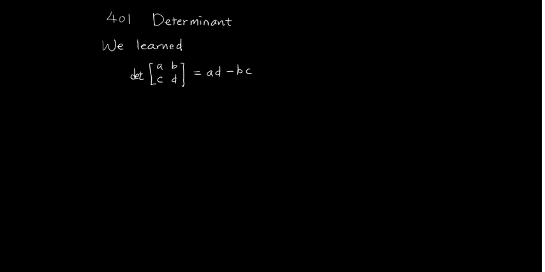And then there is a bit more complicated case, but you also know what it is, which is a 3 by 3 matrix. It is the sum of 6 terms.